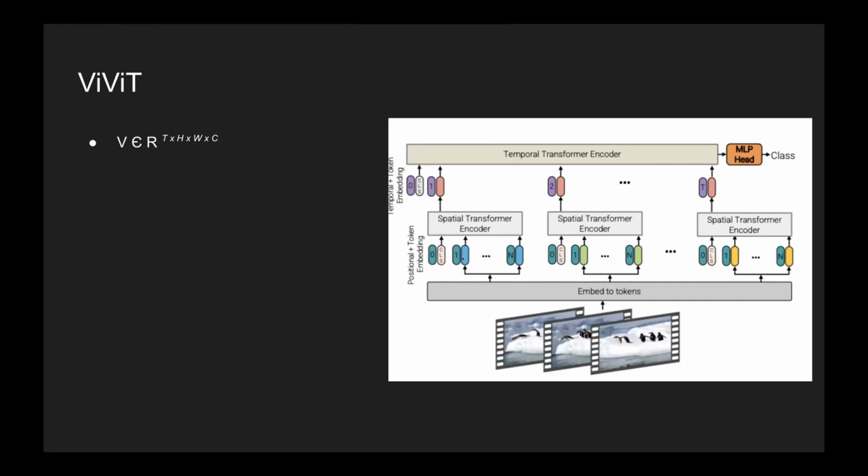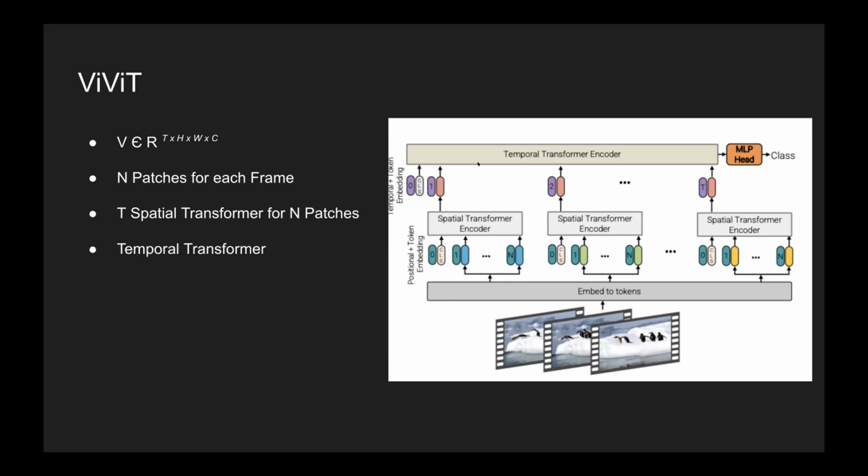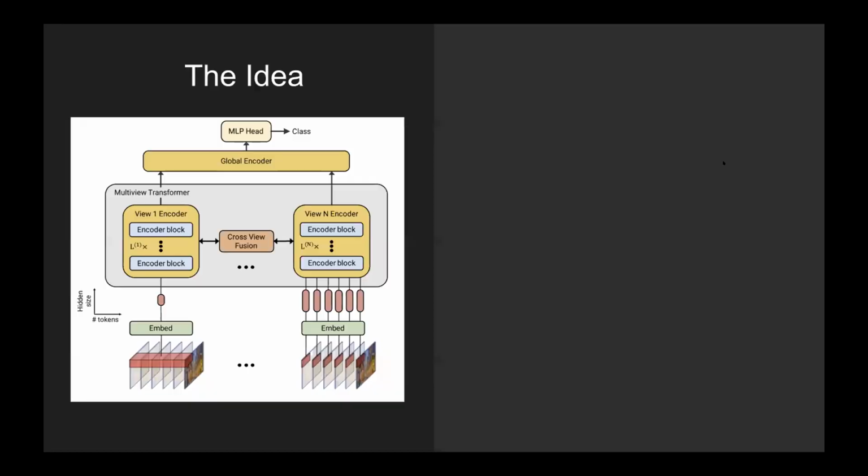For each frame, there will be n patches, and these n patches will be passed through a spatial transformer encoder. So there are T such spatial transformer encoders, which are then passed through a temporal transformer, which models the relations between tokens across each frame. Next, there will be a classification, which predicts the action in the entire video.